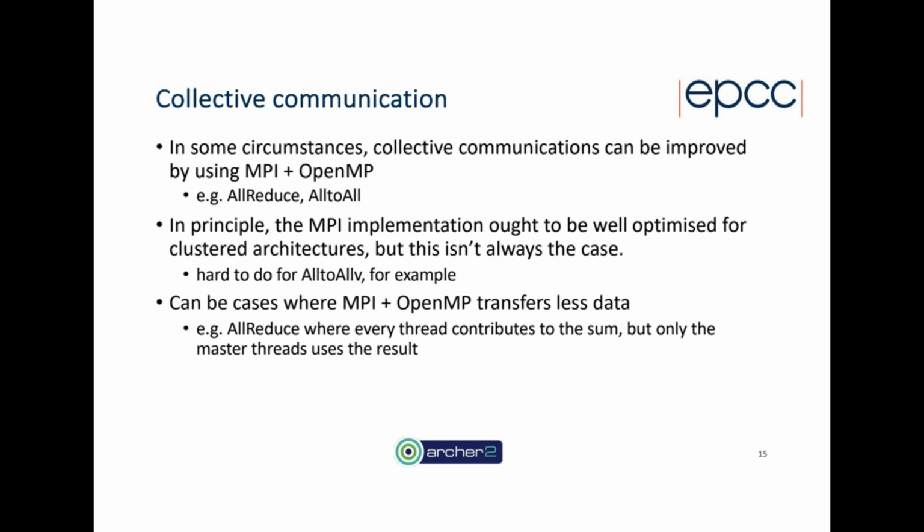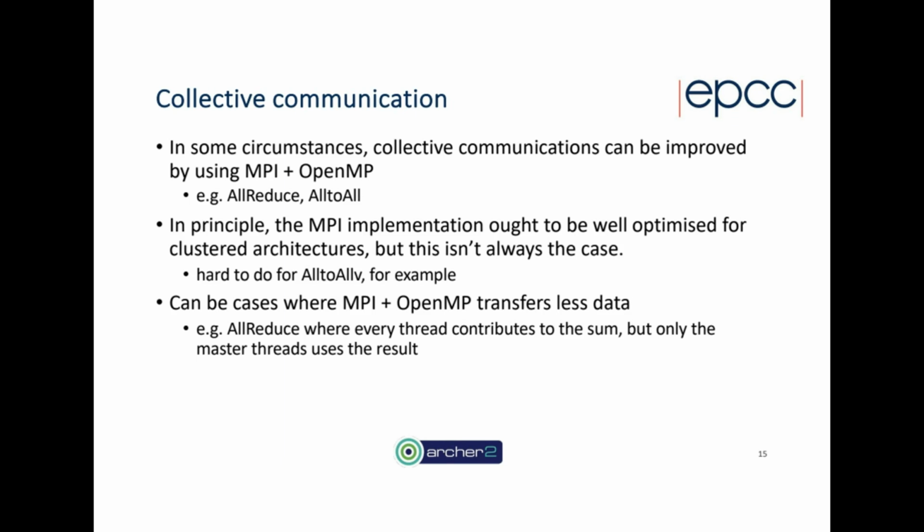It's actually quite difficult to optimize the MPI implementation for all possible cases, because you've got to cover ranges of data sizes and ranges of process counts, and take into account how many processes there are in a node versus how many nodes you're running.